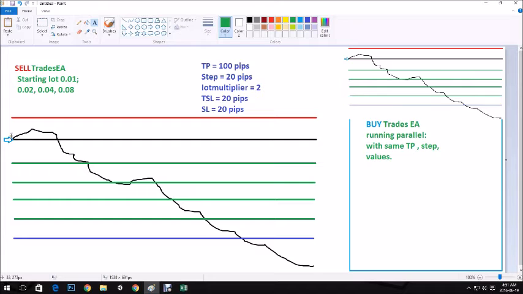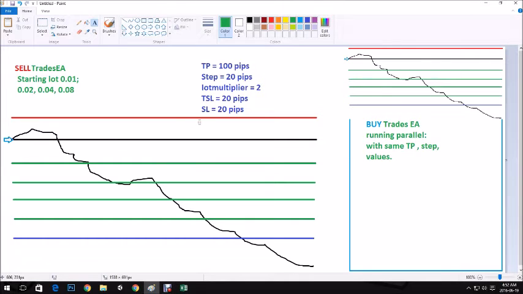As soon as we place our trade, the market started moving in our favor, and as soon as the market reaches 20 pips in our favor, we will start another trade with 0.02 lot size. Because our first trade had a 20 pips trailing stop, at this point the SL of our first trade should move to the break-even point.